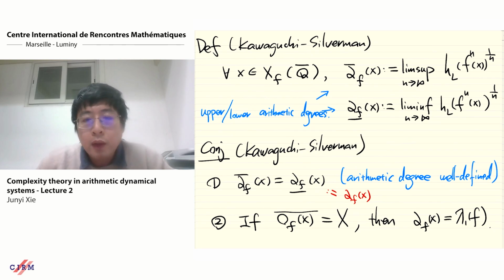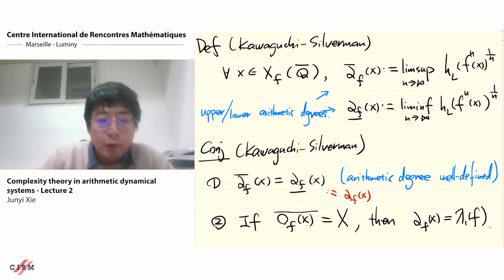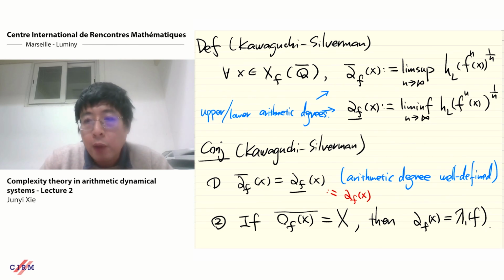Okay, and for this arithmetic degree, the most important conjecture is the following. We call it the Kawaguchi-Silverman conjecture. This conjecture has two parts. The first part says that the arithmetic degree is well defined, which means that the upper and the lower arithmetic degree are the same.